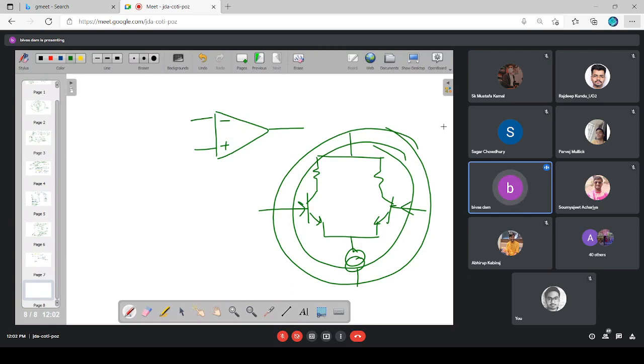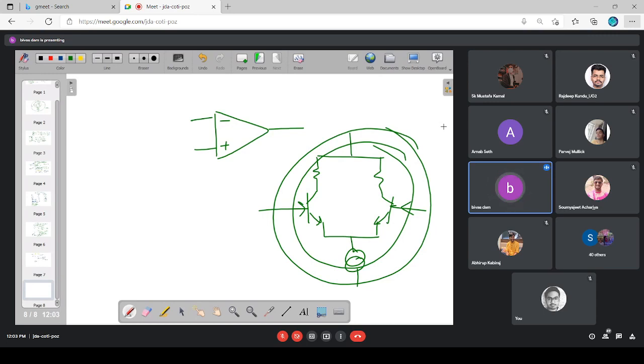Now here what we find, there are two active components, two BJTs. For any BJT to operate properly, they must be biased properly. Is it not? Yes, sir. For any transistor to operate properly, I am not talking about the unipolar transistor, I am talking about the bipolar transistor.